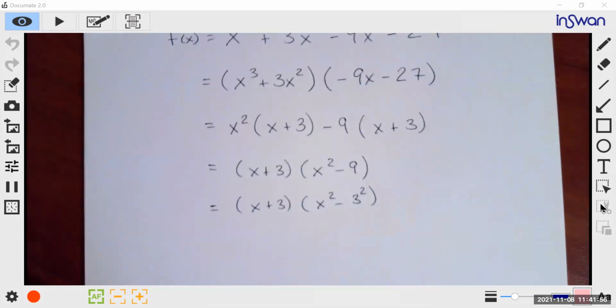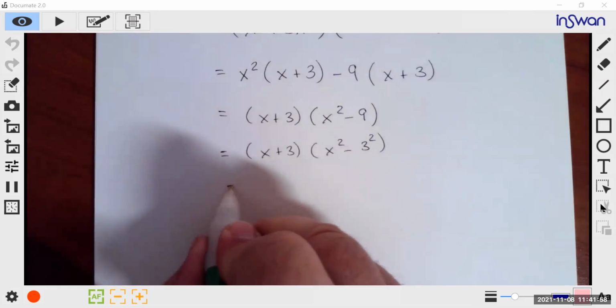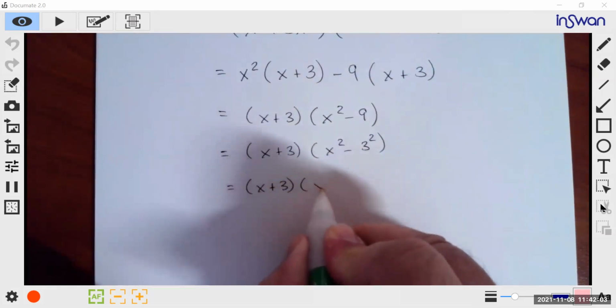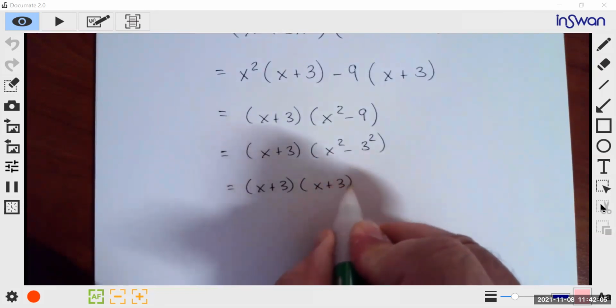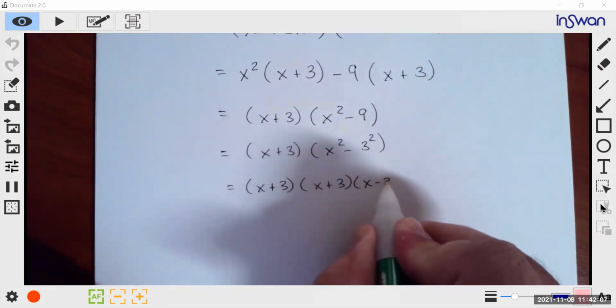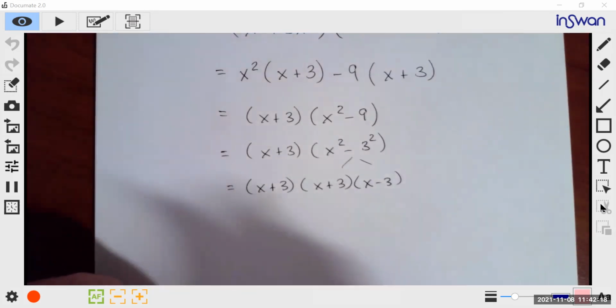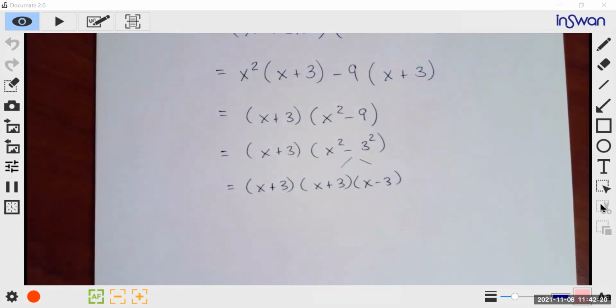So we have difference of two squares. See, the problem with just copying this is that next time you see it, you won't know what to do unless you see it written already.